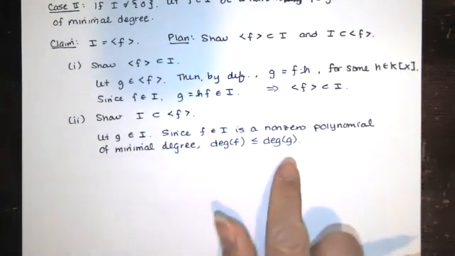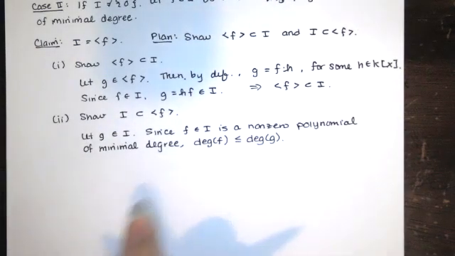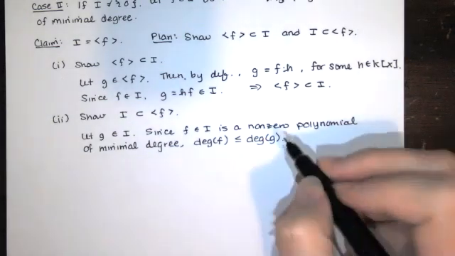And if the degree of f is less than or equal to the degree of g, that means we could take g and divide it by f using the division algorithm.